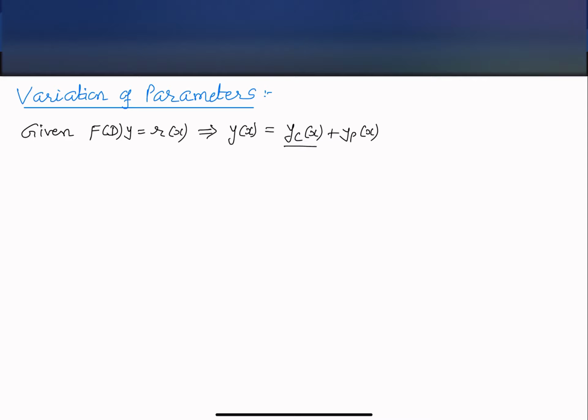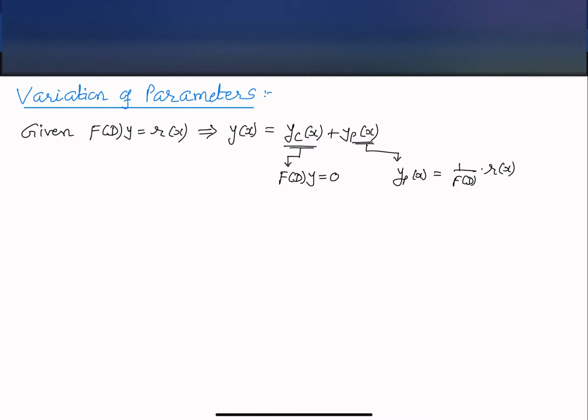Now to find yc(x), what we do? We consider the given equation as F(D) y = 0, and for yp(x), we write yp(x) = 1/F(D) R(x).